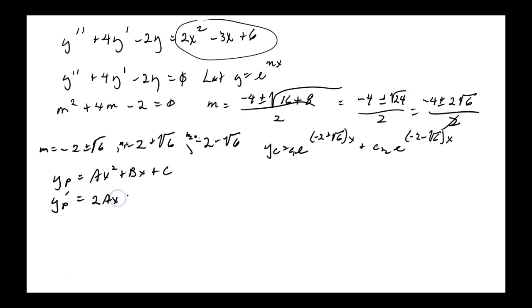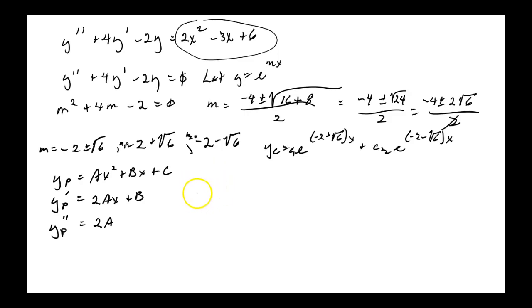2ax plus b, and our y particular double prime would be 2a. Right. Now, we plug that into our equation up here.